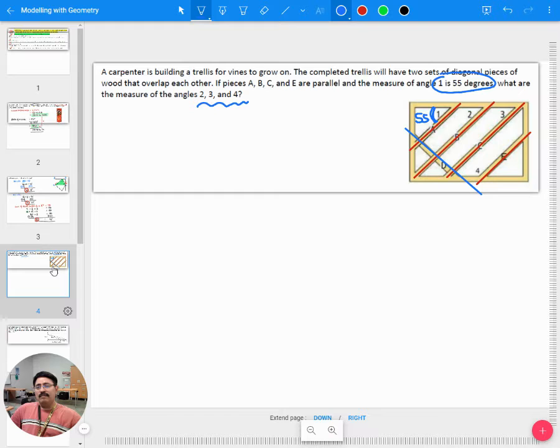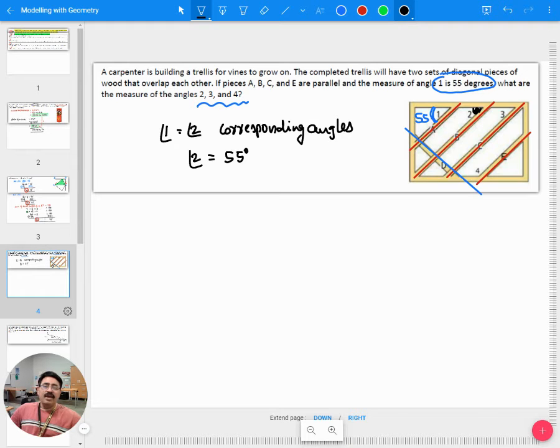First of all, finding angle 2 is easy because angle 1 and angle 2, these two are equal. The reason is they are corresponding angles. So angle 1 equals angle 2. Therefore, angle 2 equals 55 degrees.